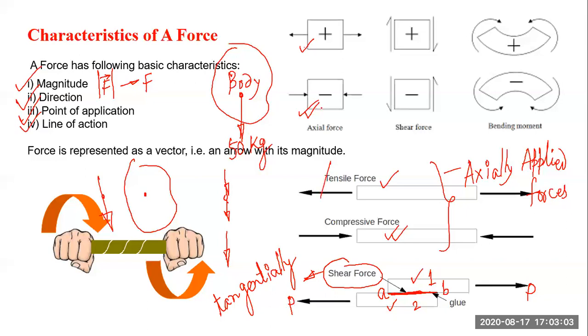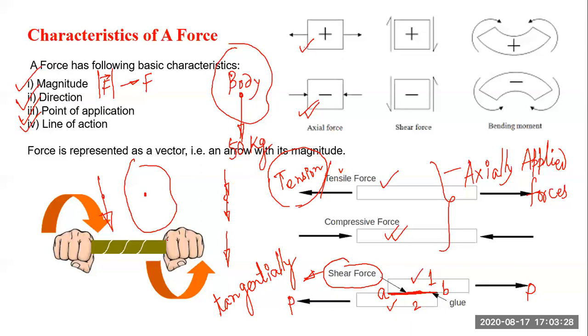Tensile forces are also called tension, but there is a little difference between tension and tensile. Better to tell you as tensile, because tension forces are generally tensile in nature, but they are produced in the ropes or hanging wires. We'll see in the next slide.